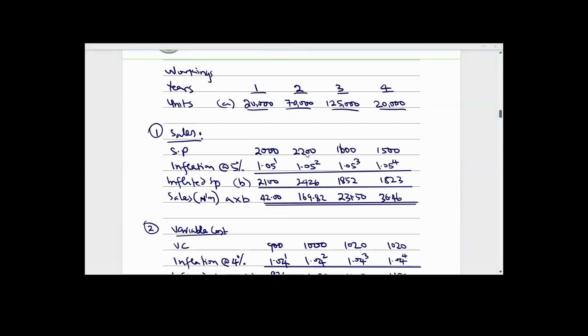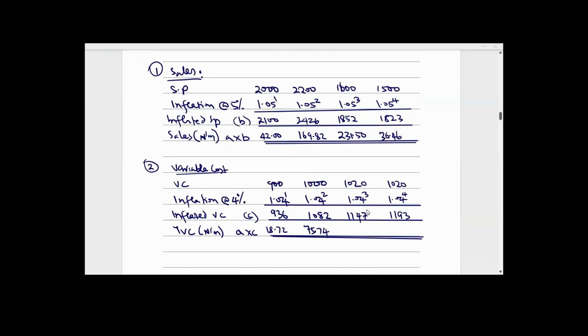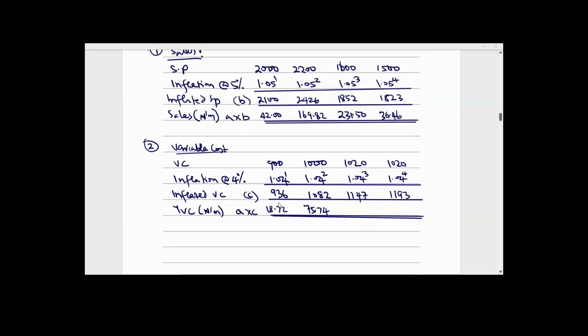Then year 3 unit is 125,000 multiplied by inflated variable cost of 1147 equal 143.38. Here will be 143.38.